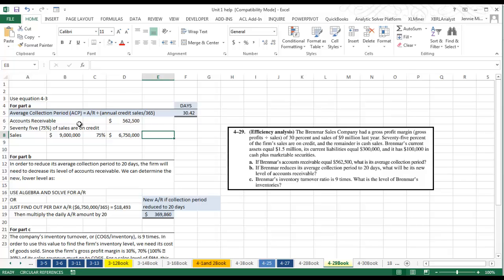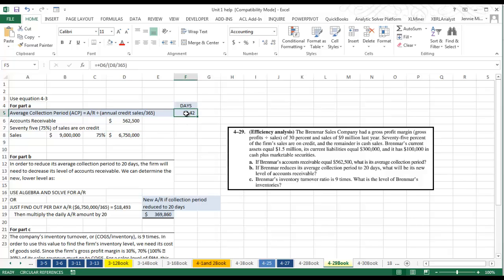And so what we have to do, they give us accounts receivable of 562,500 in Part A, and then they tell us that we have 9 million in sales and 75% of those are on credit. So we need the annual credit sales number, and that's how we calculate it. We just take the 9 million times the 75%.